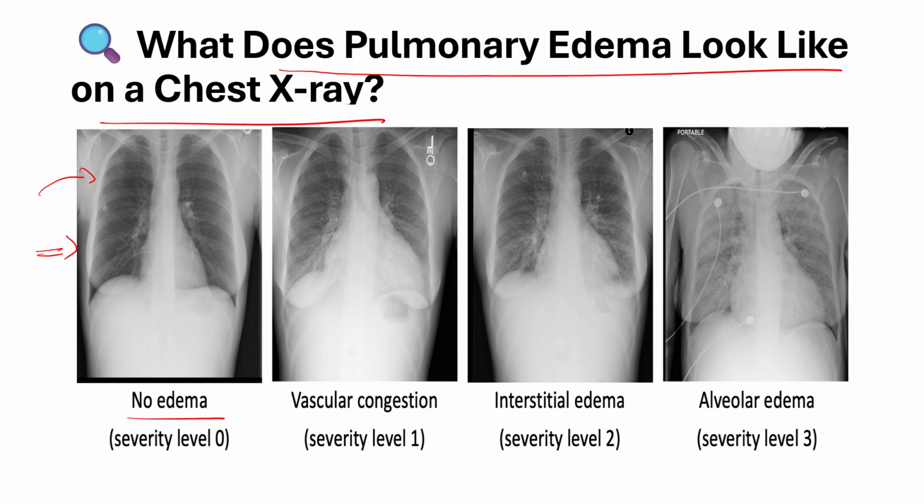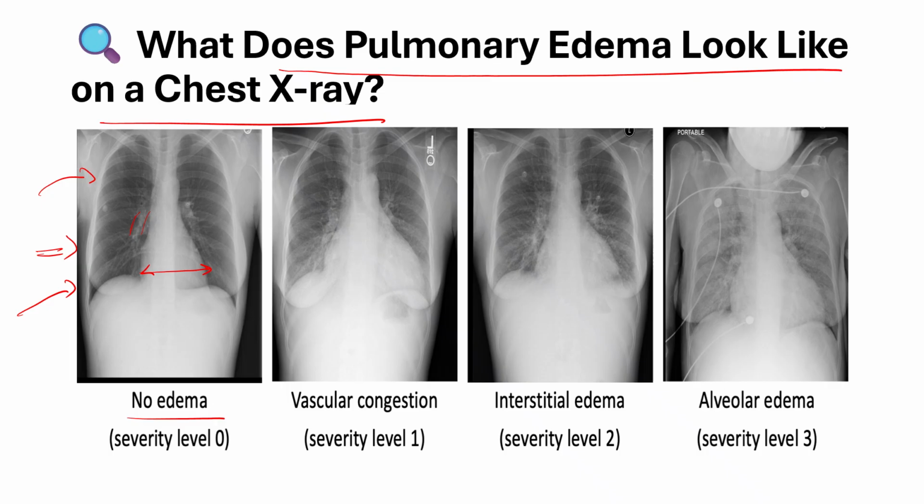You can see that the pulmonary vasculature here is coming down nicely, it tapers down nicely from the hilum. Cardiac size, if you see, cardiac size looks normal. There is no sign of fluid overload. There is no interstitial or alveolar opacities. So this is actually the normal chest X-ray with no pulmonary edema.